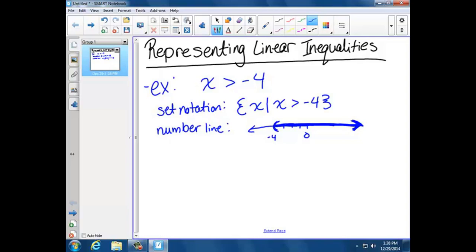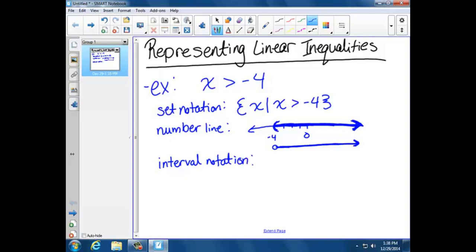If you've done this before, you may have learned using an open circle. That's fine too if you want to use an open circle, but I'm going to use a parenthesis. The book uses a parenthesis, and it's a better transition into the next notation we're going to use, which is called interval notation.